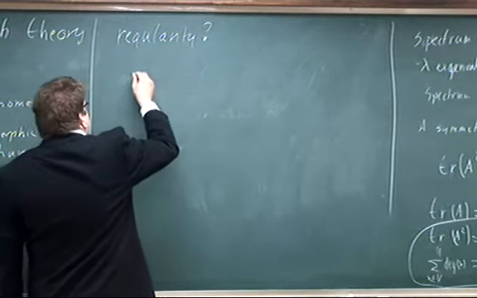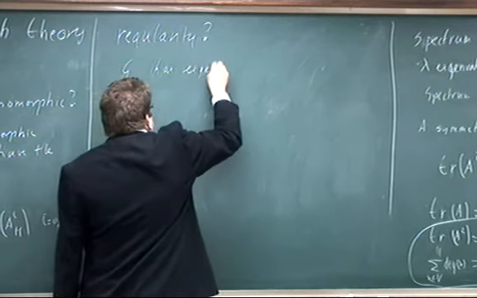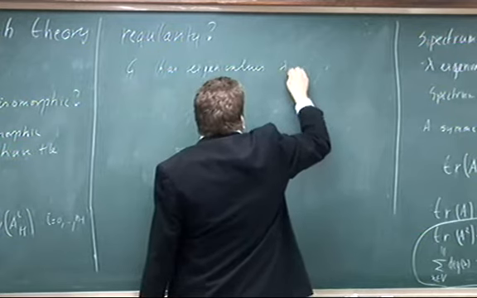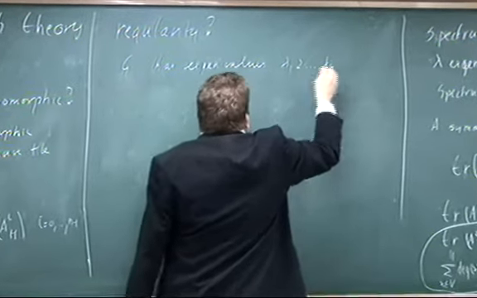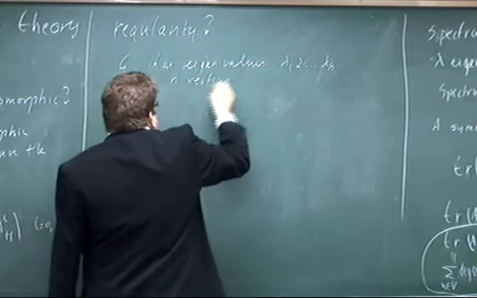What you can show is, suppose that G has eigenvalues lambda 1 through lambda n, n vertices, m edges.